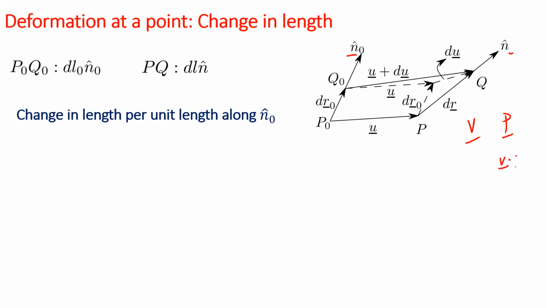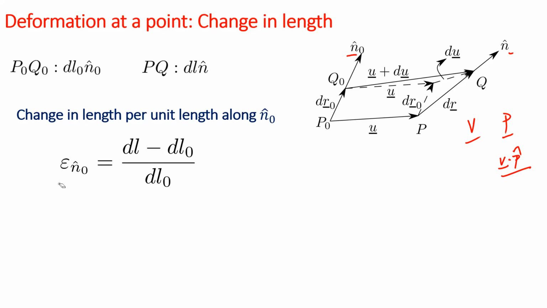It is V dot P hat, right? So first let's identify that, and then you simply need to dot it with N0, which gives you the scalar quantity. DL minus DL0 by the original length. I am identifying the change in length per original length along N0. It's not a component. I'm just doing a double line.